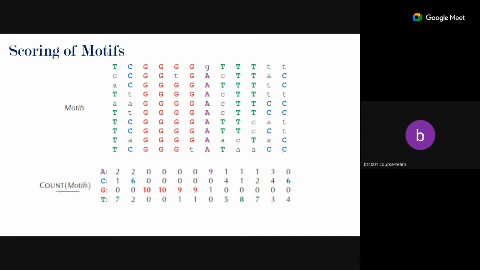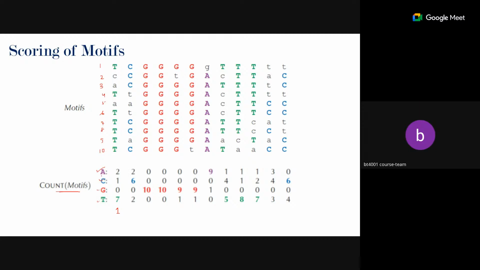We have 10 motifs, so at position number 1, I am going to count the number of occurrences of A, C, G, and T.